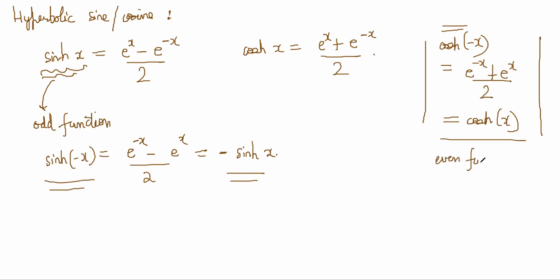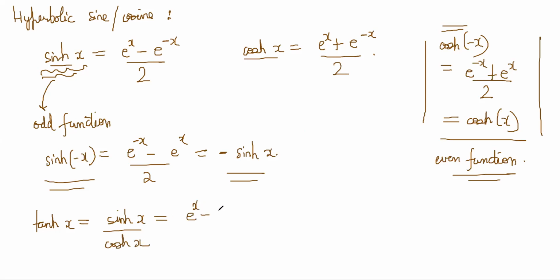Now, if sinh and cosh are defined like this, then tanh x would be sinh x by cosh x, which is e power x minus e power minus x by e power x plus e power minus x.